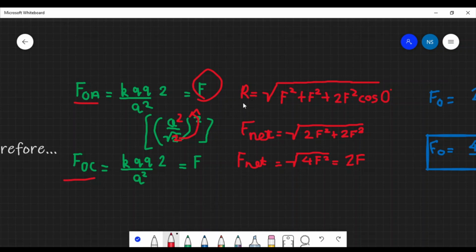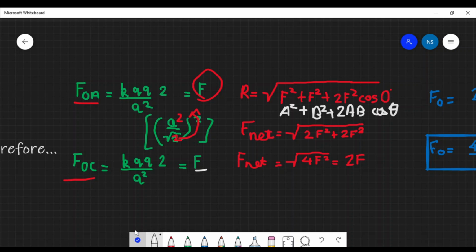So we take R is equal to F square. So F square over here represents A square, plus F square over here represents B square, and 2F square represents 2AB, and cos 0 is cos theta.